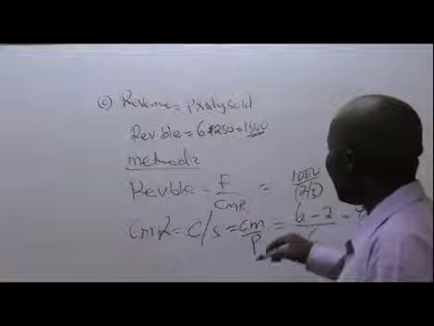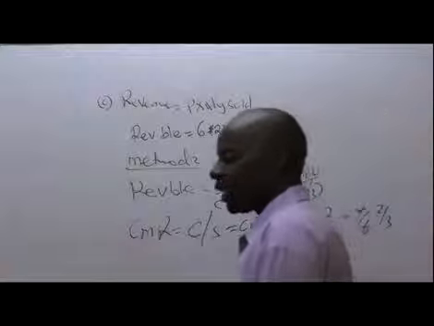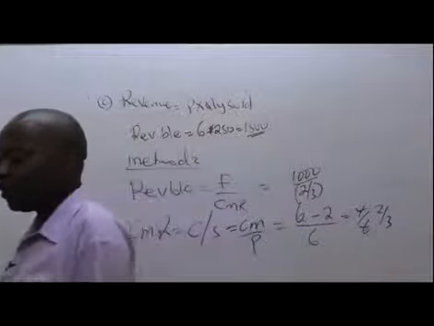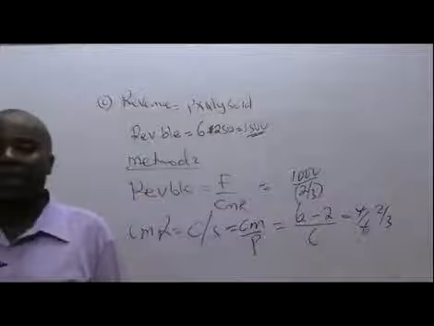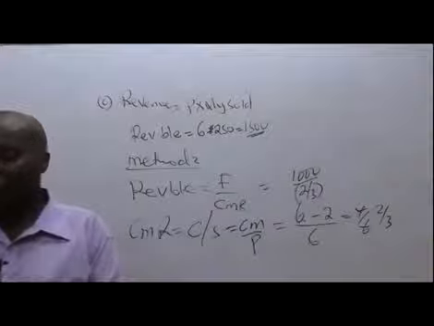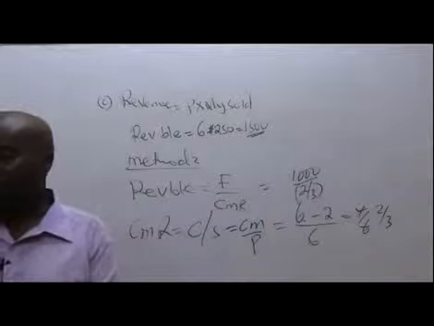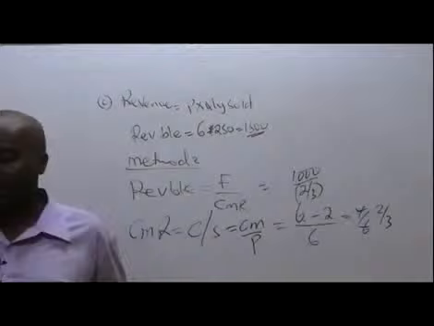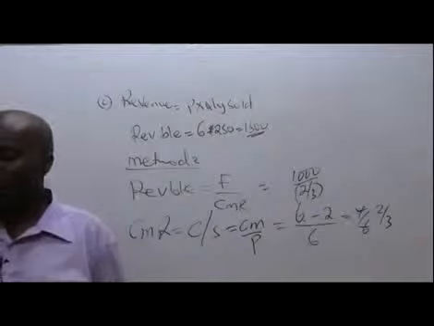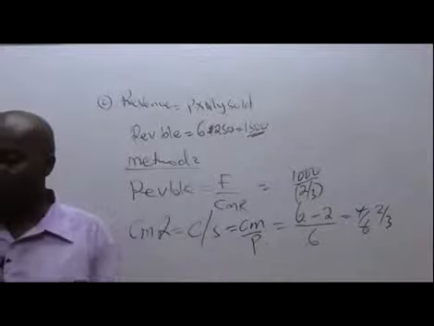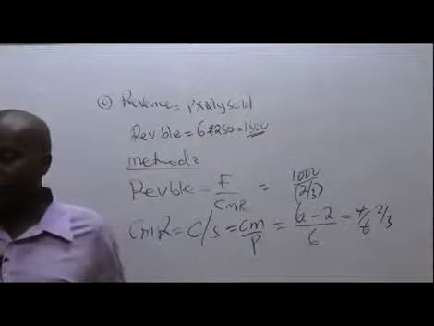As I'm dividing, that 2 over 3 must be put in brackets. So 1,000 divided by, open brackets, 2 over 3, close. And then you give me an answer. What do we have there?